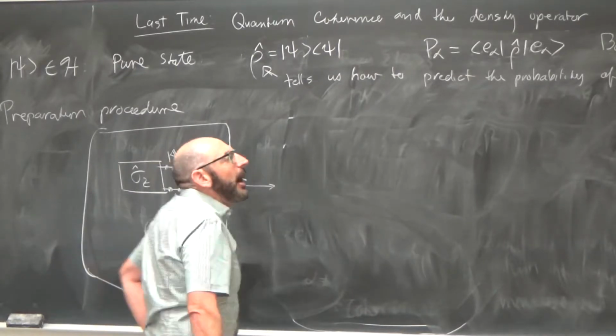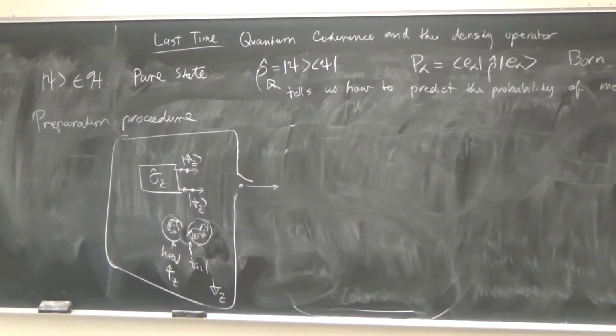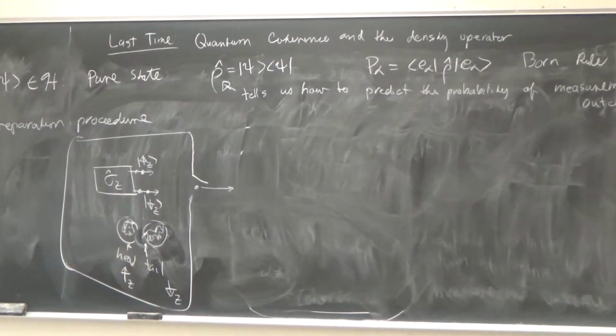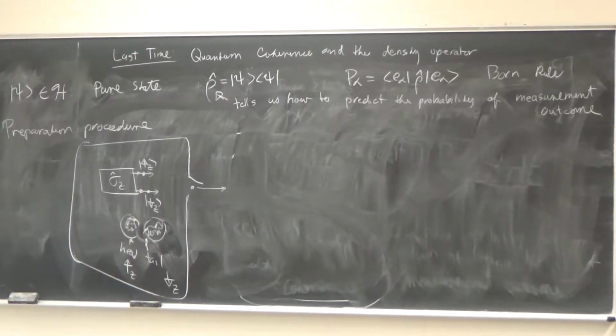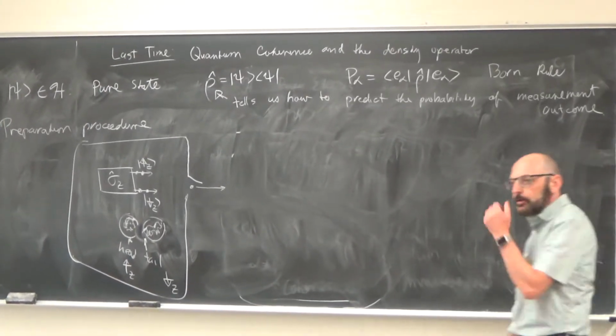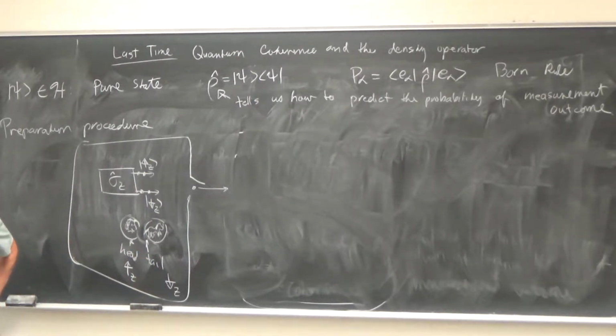And now I want to do a measurement on this spin. And I want to predict the probability of finding whatever outcome I do. All right? So, how would I do that?